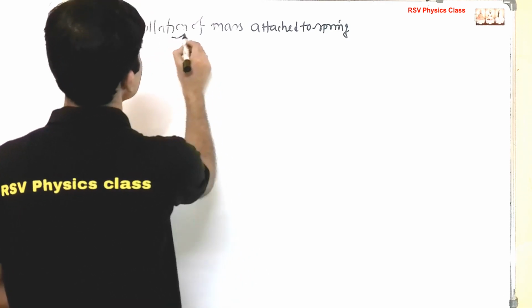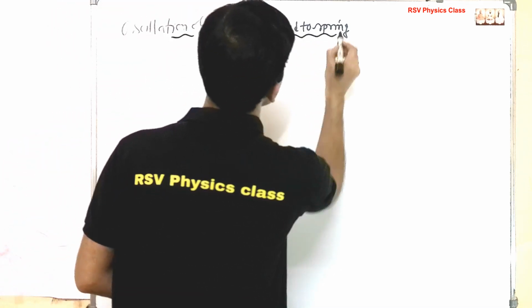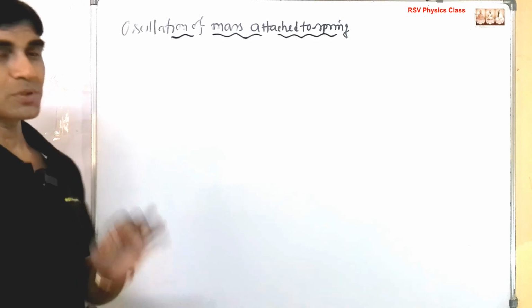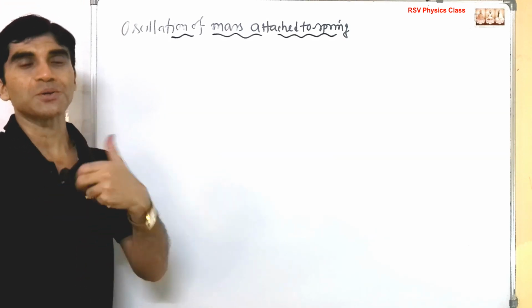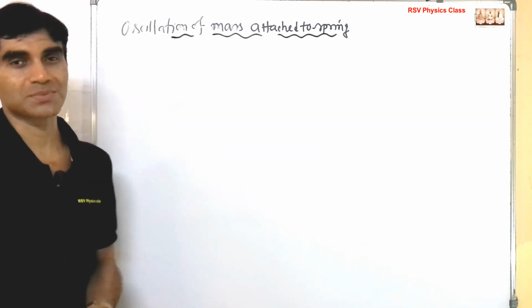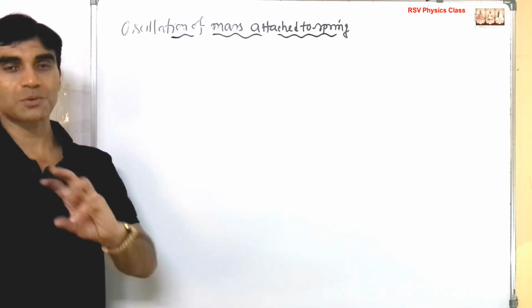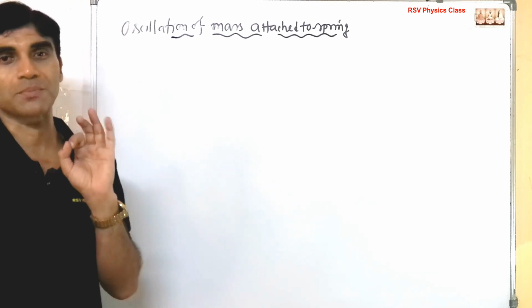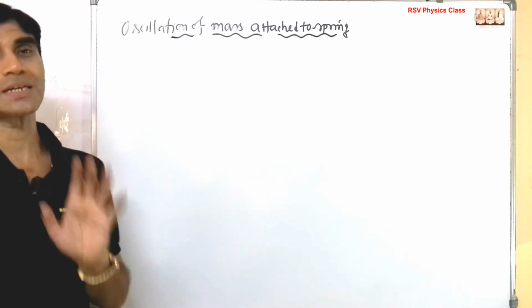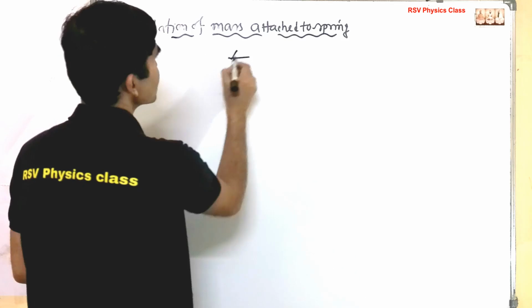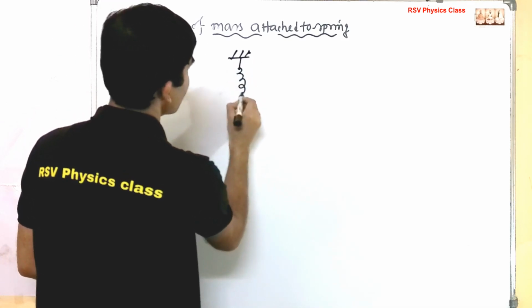Okay, now we will discuss oscillation of mass attached to spring. So this type of problem will be coming in your exam, different types of competitive exams. So in brief, during the problem discussion period, I will be discussing different types of problems. Here I am giving 2 or 3 examples. This is your spring.